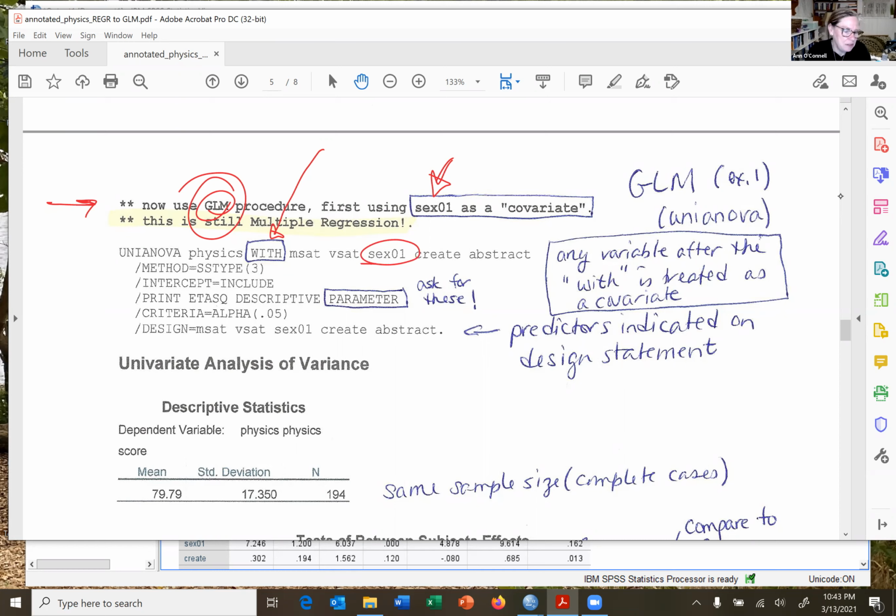The next statement is sums of squares type 3. That's the default. And again, that corresponds with our understanding of how variables contribute to remaining variance after the other variables have been included in the model. We wanted to make sure we asked for effect sizes, descriptive statistics, and parameter estimates. And in our design statement, you can see we're listing all of the variables that we included in our model.